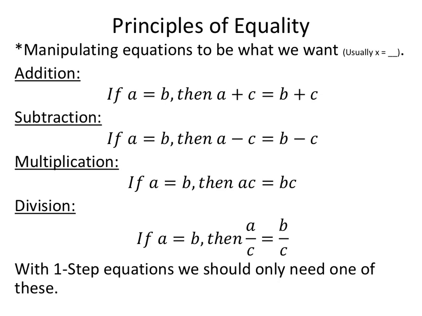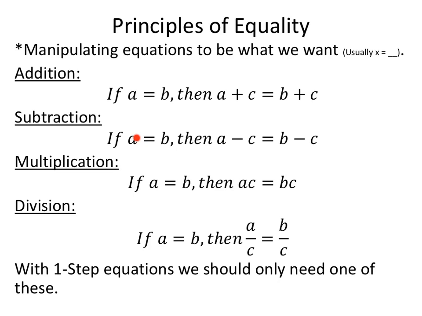You can see, this is all abstract, which I don't really care for because sometimes it's not so understandable. But this is saying a equals b, right? Then, if this is true, then you can add the same thing to both sides, and it still remains equal, okay?